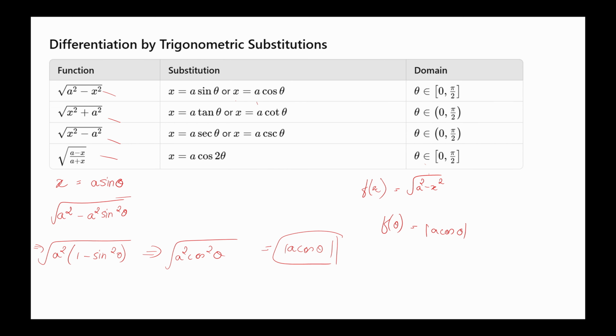And if I have to find out my differentiation, it is going to be in terms of theta, and for the initial one, it is going to be in terms of x. So basically these substitutions help you to solve your questions more easily. This is not just going to be helpful for you in solving differentiation, but also when we solve integrations and different advanced calculus questions. So keep these substitutions in mind.